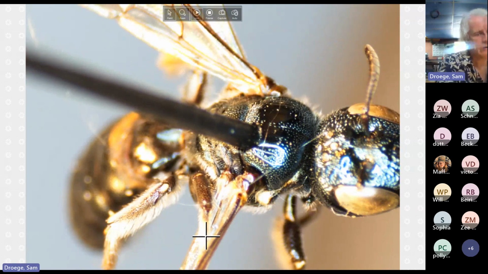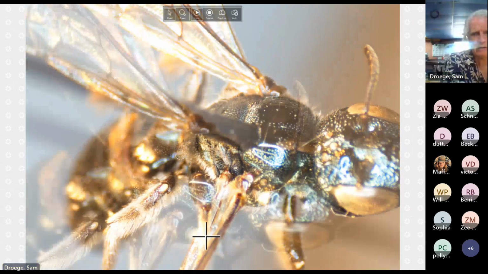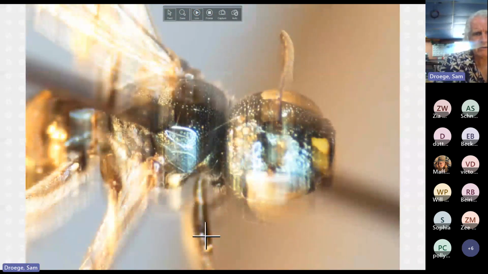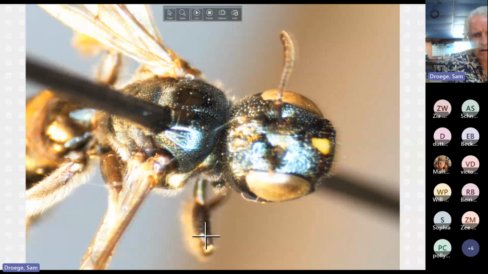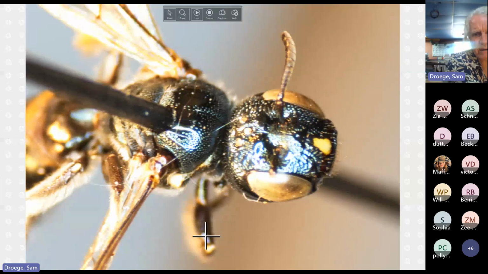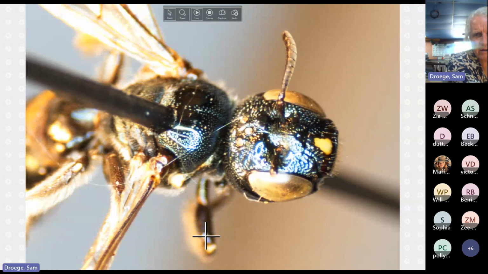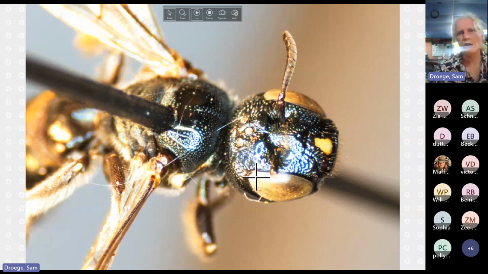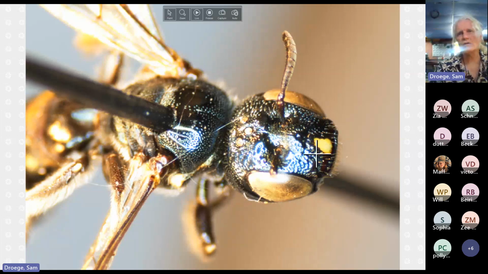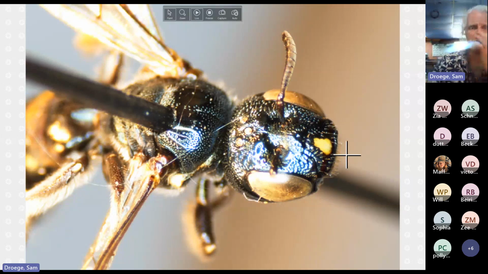All right, and so let's show the clypeus mark there. So there it is. There's a mark, but this is a good example where it's just a little bit smaller. And you can see these edges are a little more vague, less crisp.